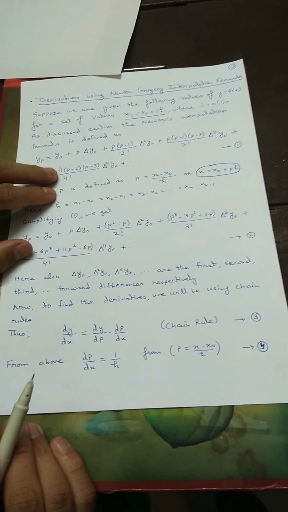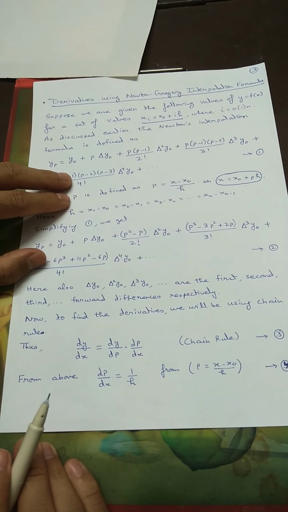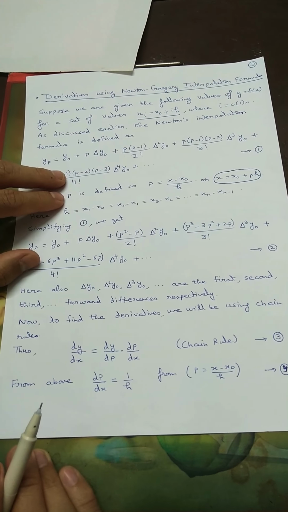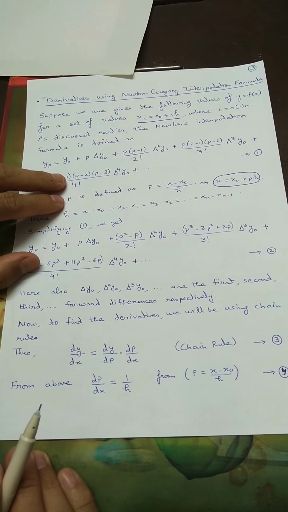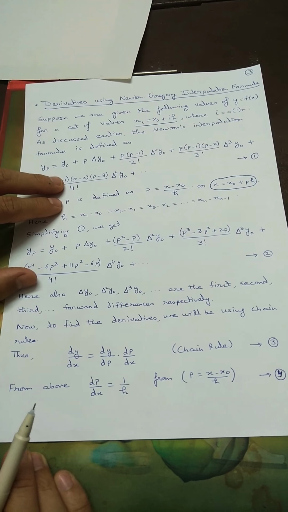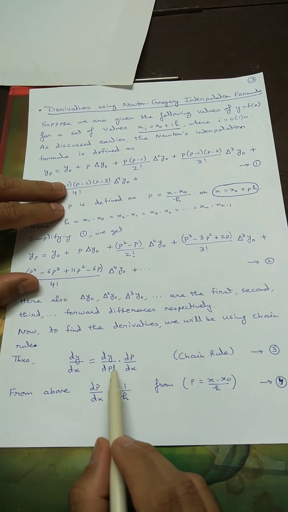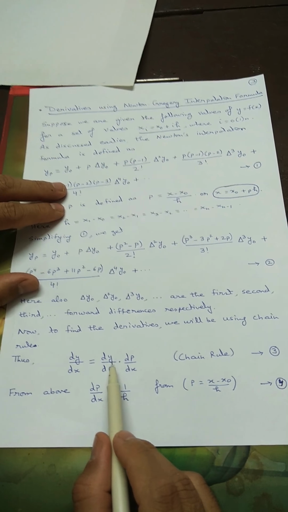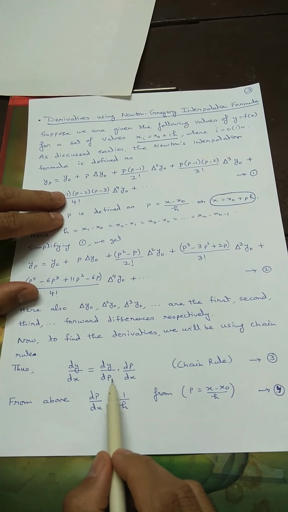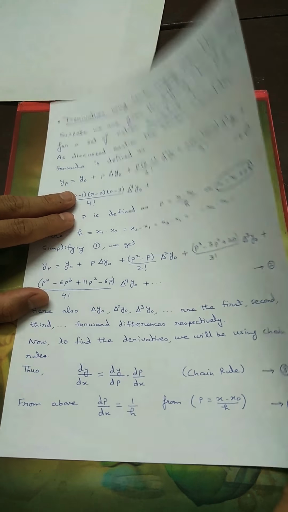Now, very simple, we'll be using it to find the derivatives, using what we call the chain rule. If I need to find the first order derivative, I'll be using the chain rule, which can be written as dy by dx equals dy by dp into dp by dx. So what is dp by dx?